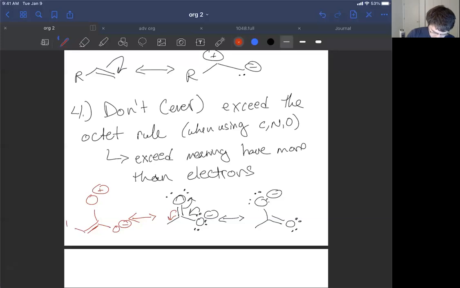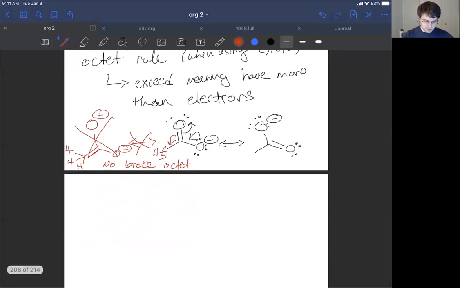Well, the problem with the double bond there is if we do that, we've added electrons to a carbon that already had an octet. That carbon already had 4 bonds to it. So we have to say no, broke the octet. So this is not a resonance structure going to the left. The one going to the right looks just fine, but going to the left doesn't work because we break the octet rule.